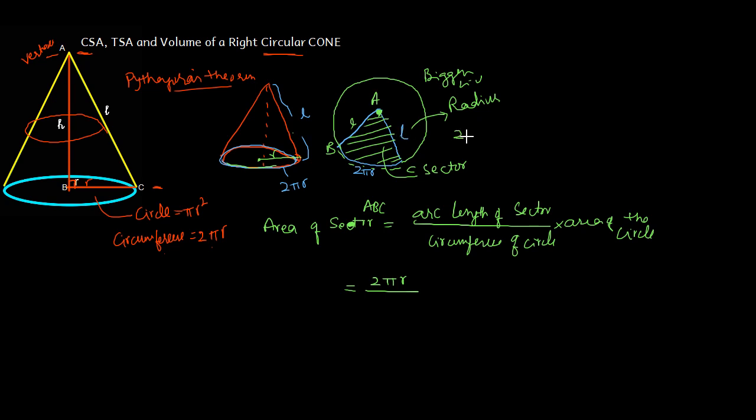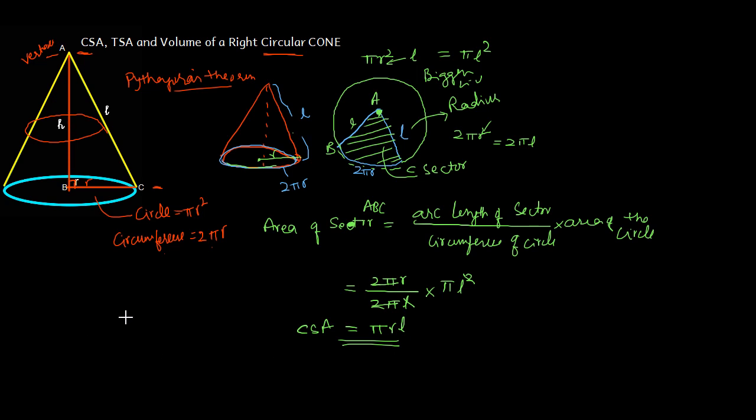Circumference is actually again 2 pi r, but here instead of r, the bigger circle has L as radius, so it's actually going to be 2 pi L. So let's write it as 2 pi L multiplied by area of the bigger circle, which is pi r square, but here my r is L, so I'm going to write it as pi L square. 2 pi gets cancelled, 1 L gets cancelled, I'll be left with pi r L. That is my CSA, curved surface area of cone.